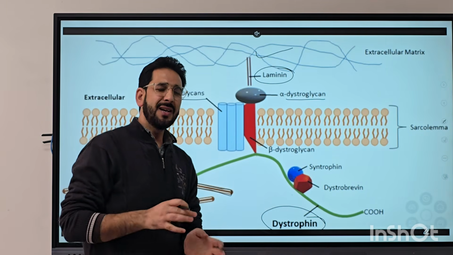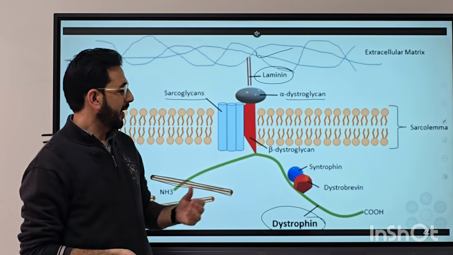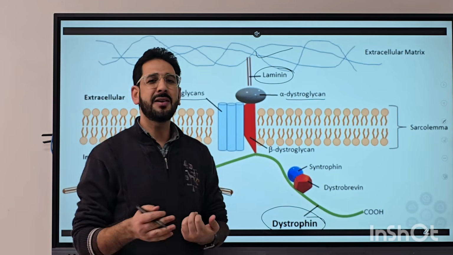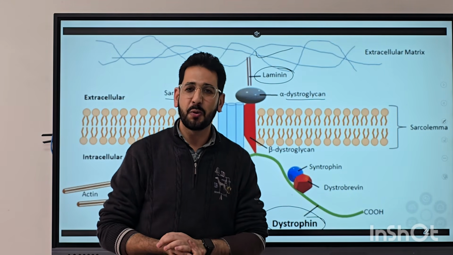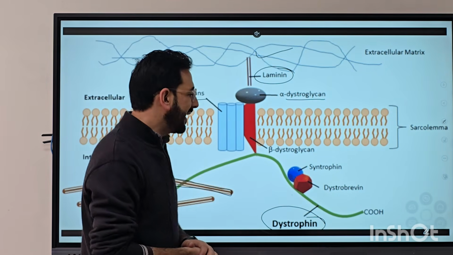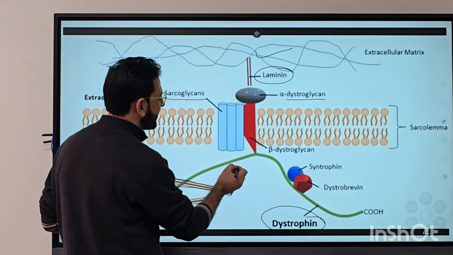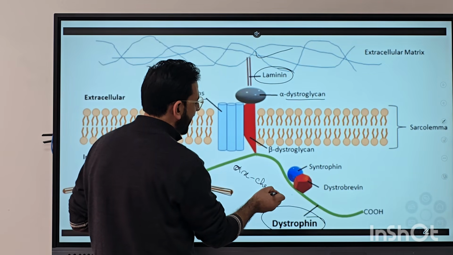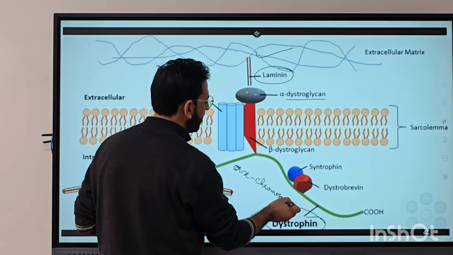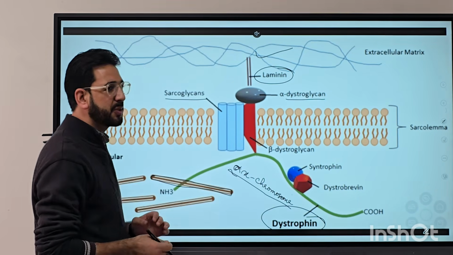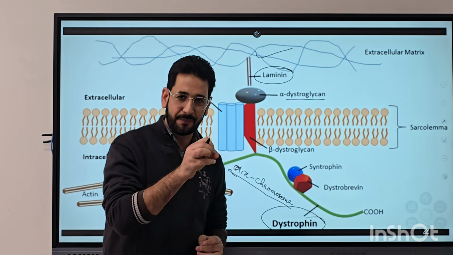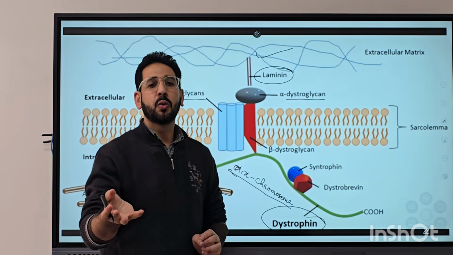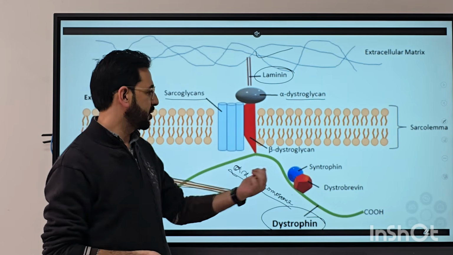Okay, now there is a clinical condition. The gene responsible for making this dystrophin protein is the dystrophin gene, and that dystrophin gene is present in the X chromosome. Now, there can be a mutation in that gene, the dystrophin gene. Now, what will happen? That can lead to the absence of the dystrophin protein.